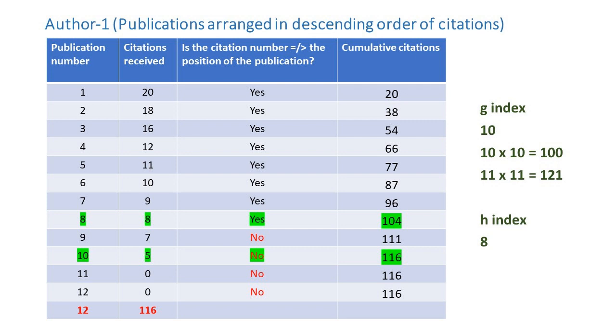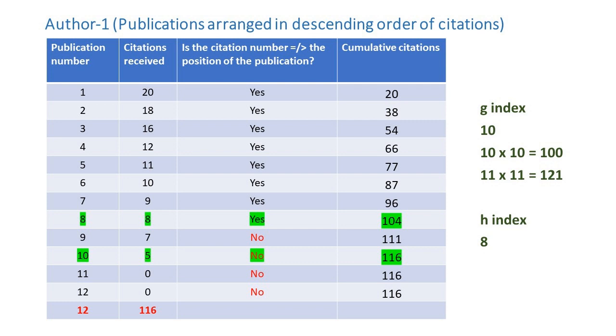Okay. Now what you need to do is insert one more column and calculate the cumulative citations. See, first paper 20, second paper 18. So 18 plus 20 becomes 38. The third paper has been cited 16 times. So this becomes 38 plus 16, 54.